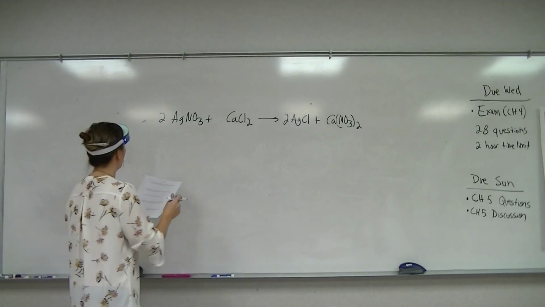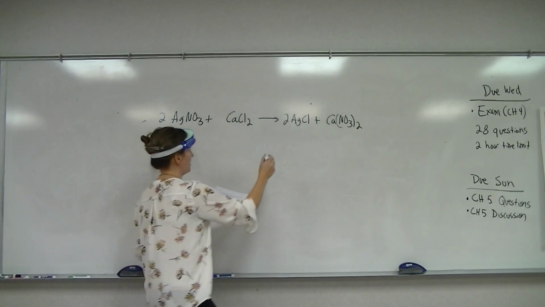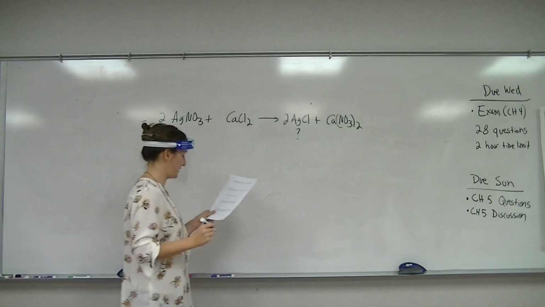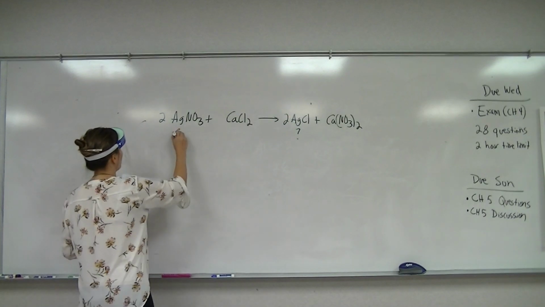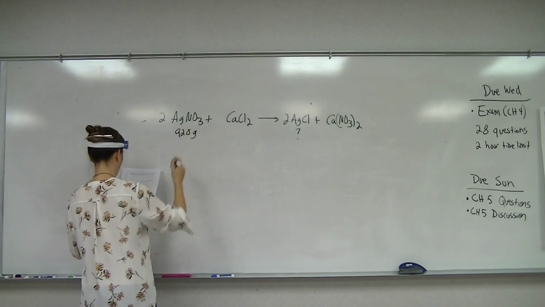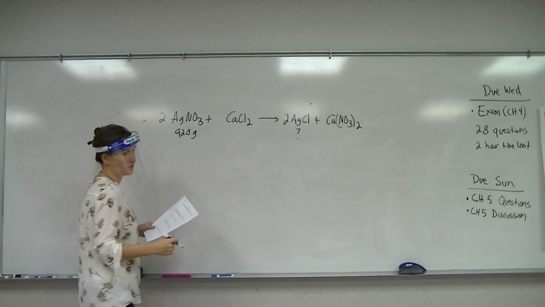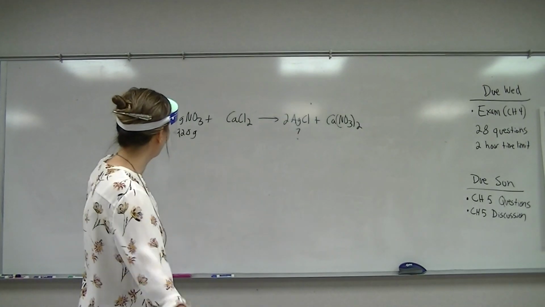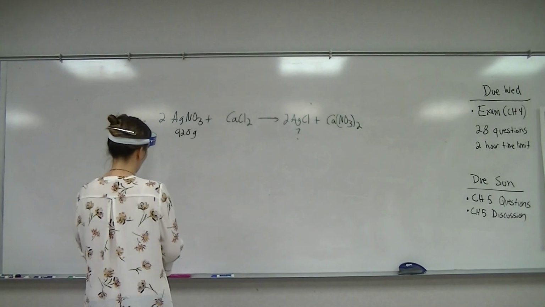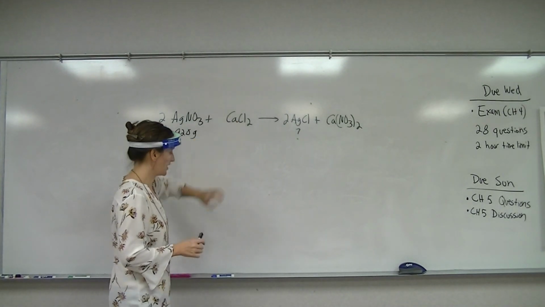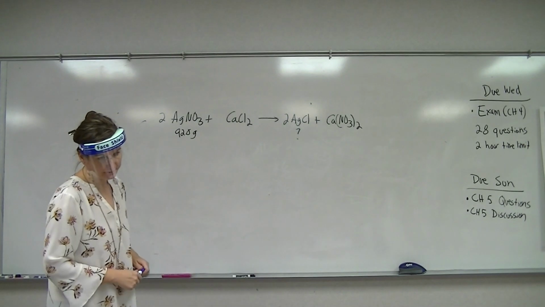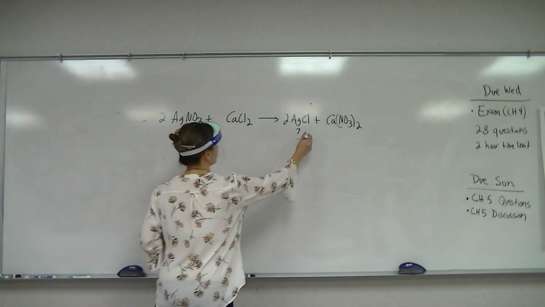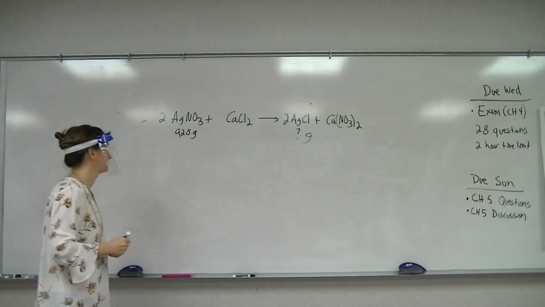So they're saying how many grams of AgCl, so question mark by that guy, will be produced when 92 grams of AgNO3, so you get 92 grams of this guy. And it's an excess of calcium chloride. So that means that silver 1 nitrate is the limiting reactant here. So they're saying we have an excess of the other reactant. So we're trying to figure out how many grams, you put a G here so I know where I'm going.